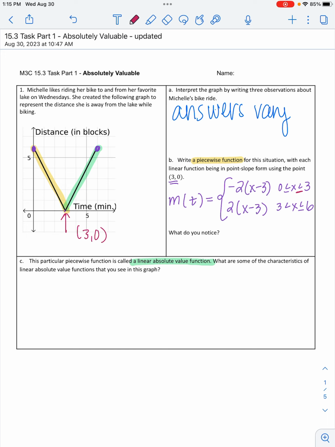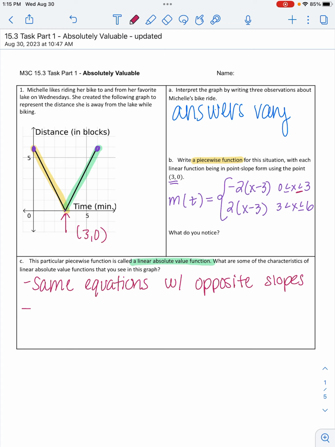So we're going to notice that you have the same equations with different slopes. And when I say different, maybe I should put opposite, with opposite slopes.